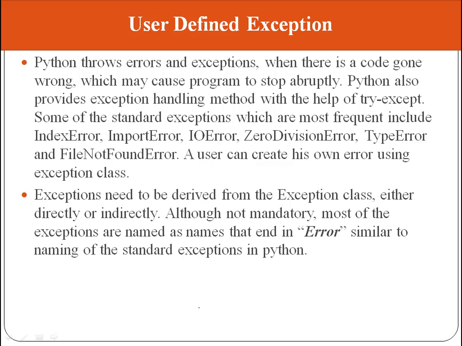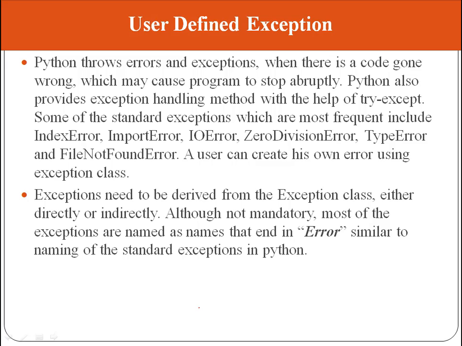Python throws errors and exceptions when there is code gone wrong, which may cause the program to stop abruptly. Python also provides an exception handling method with the help of try except. We have already seen some of the standard exceptions: index error, import error, IO error, zero division error, type error, file not found error.